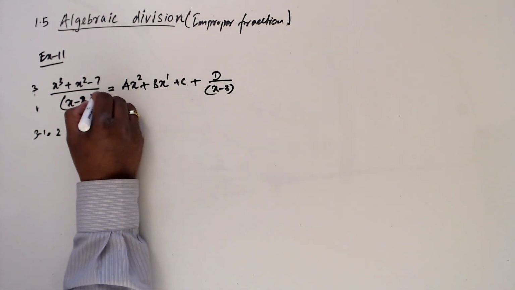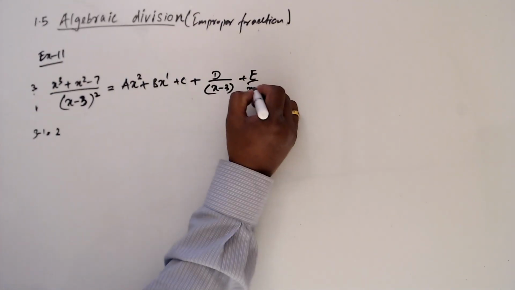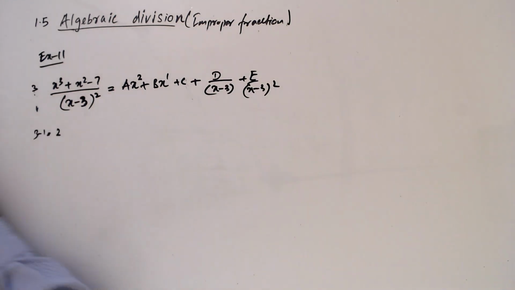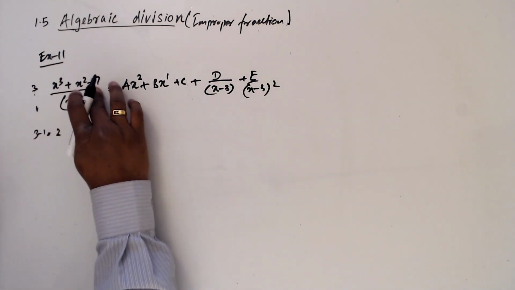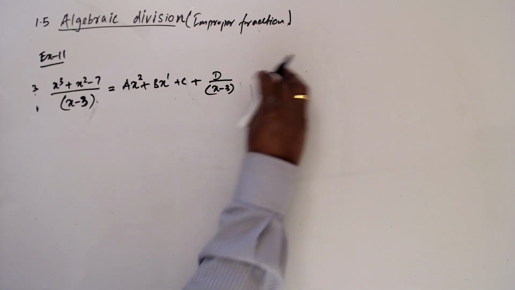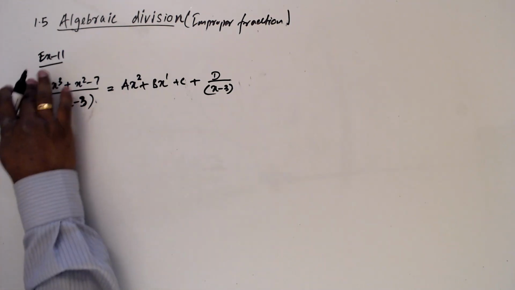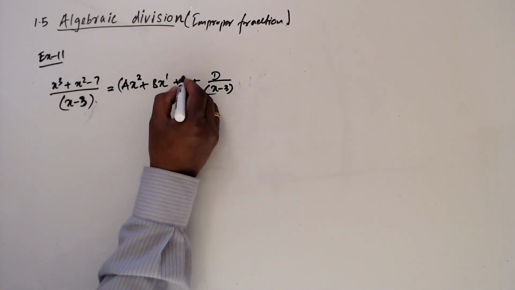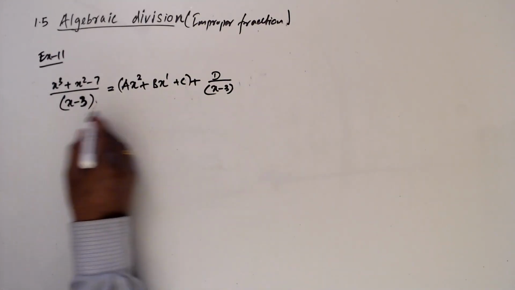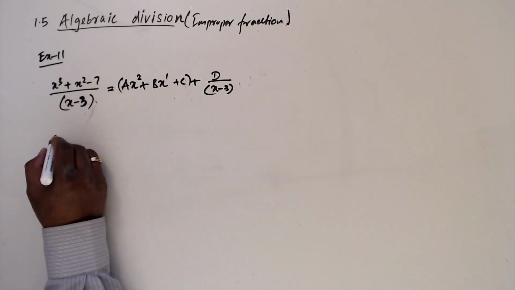If it is x minus 3 square, how do you do it? D over x minus 3, then E over x minus 3 square. But the sum here is just without that one. Now we need to solve this one. I don't like the denominator, so I'm going to get rid of it.